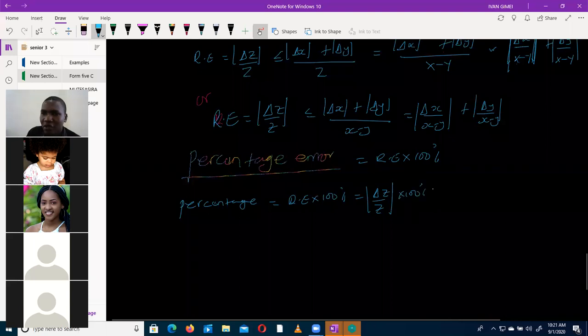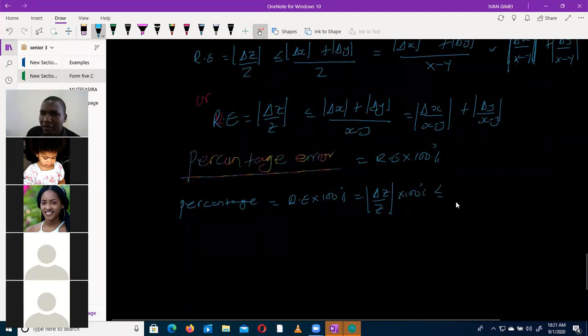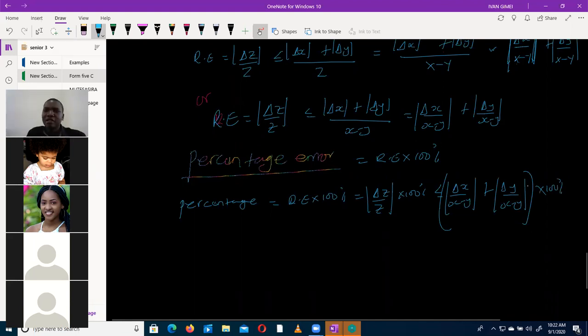That will be less or equal to error in X out of X minus Y modulus plus error in Y out of X minus Y modulus, the whole of this times 100%. This gives us the percentage error in subtraction. That's how you find it. Or you can say it is error in X out of X minus Y, using exact values, plus error in Y out of X minus Y modulus, all of these times 100%.